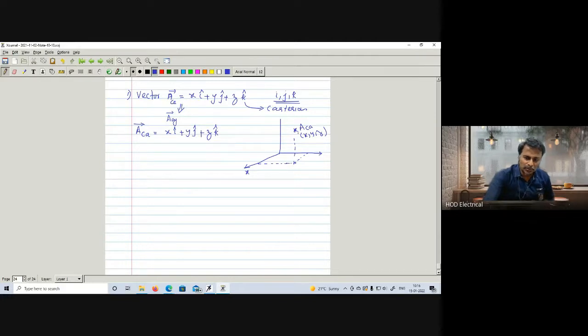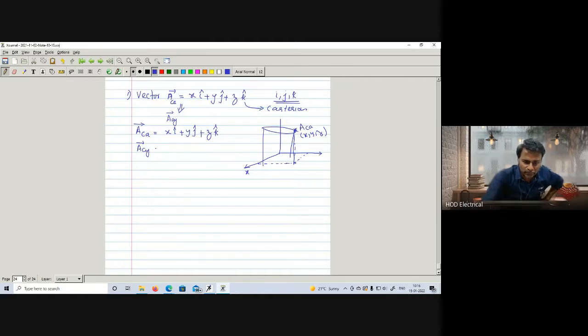Now if we convert this to cylindrical, how can one convert Cartesian to cylindrical coordinates? We want to know what is meant by vector A in cylindrical.